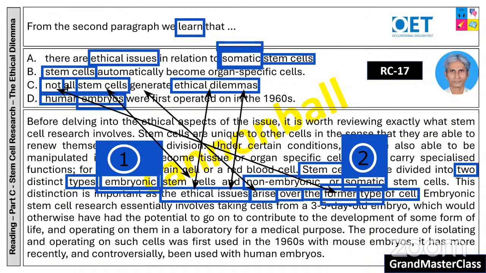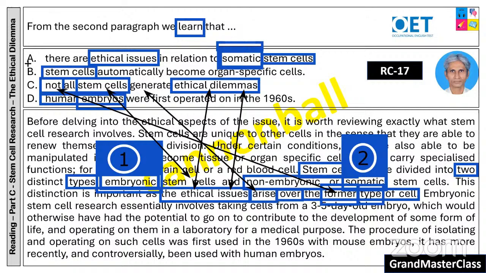Yeah, all three are right. Not all stem cells generate ethical dilemmas is right. Some stem cells generate ethical dilemmas, right. Embryonic cells, that is the former one, generate ethical dilemmas. The latter one, non-embryonic or somatic cells, do not generate.